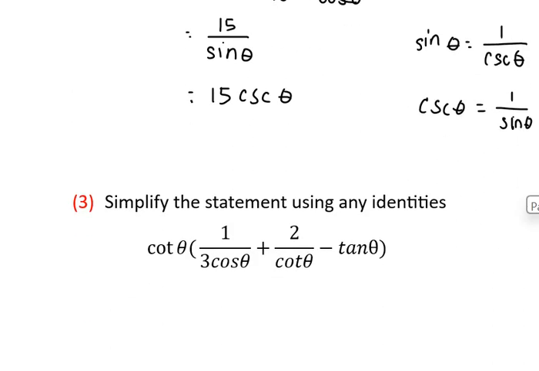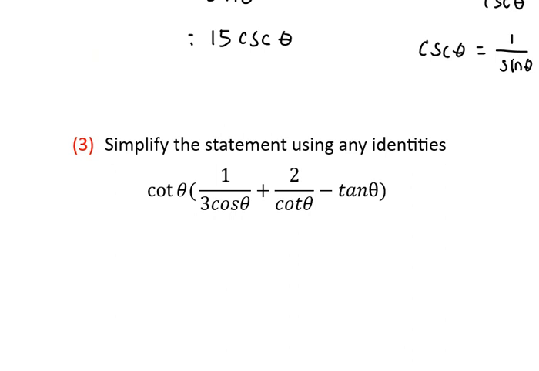Here's another one for you. Simplify the statement using any identities. If you want, you can pause this video and try it on your own. Now, the first thing I will do in this case is distribute cotangent to the terms inside the parentheses.